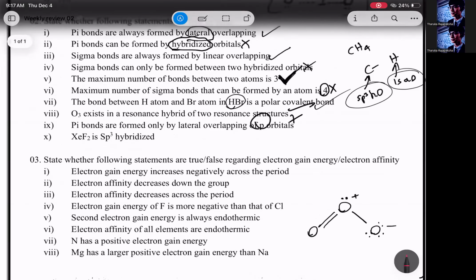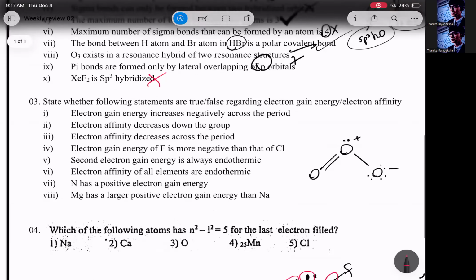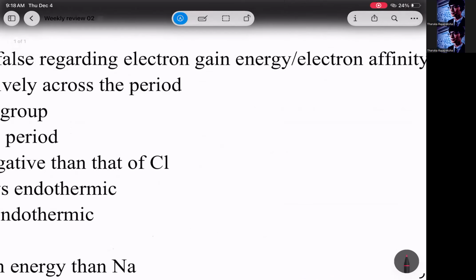Then the third one, state whether the following statements are true or false regarding electron gain energy and electron affinity. Okay, now you have to revise yourself on electron gain energy and electron affinity again. Electron gain energy increases negatively across the period. So when you move from left to right across the period, electron gain energy becomes more negative.